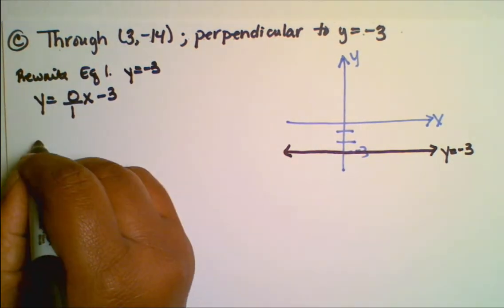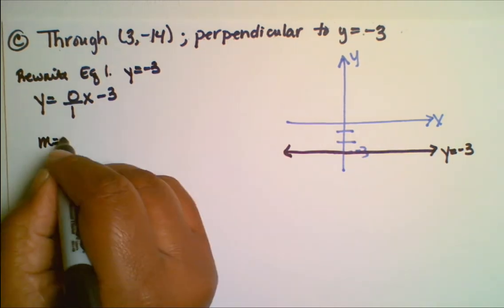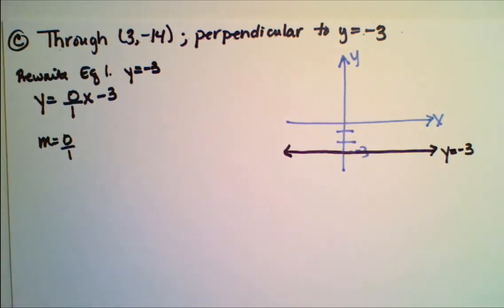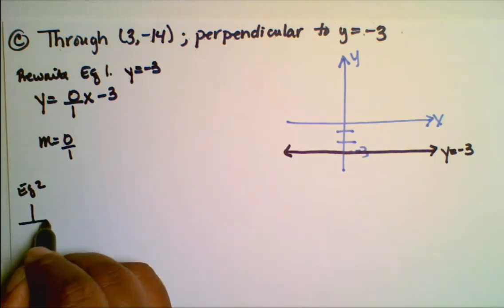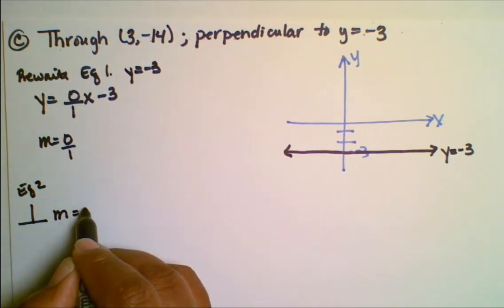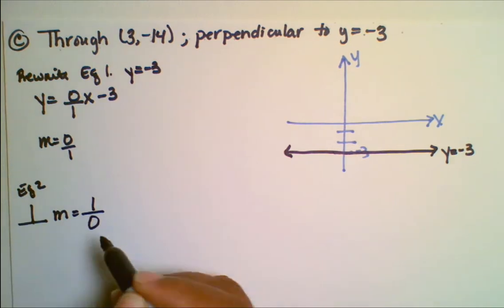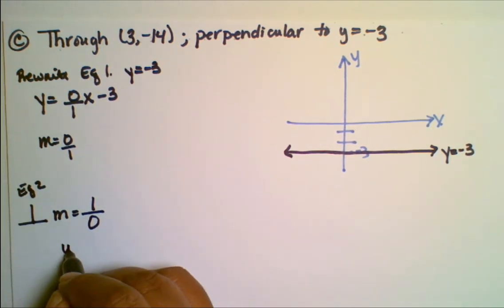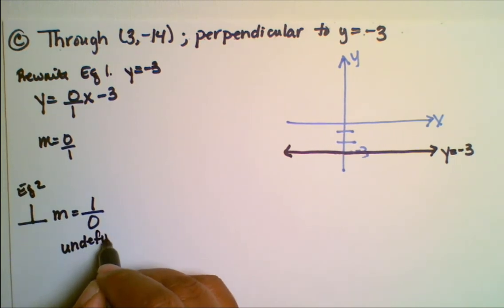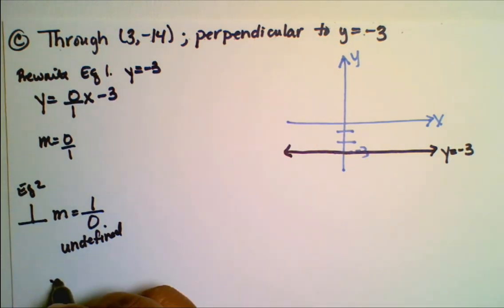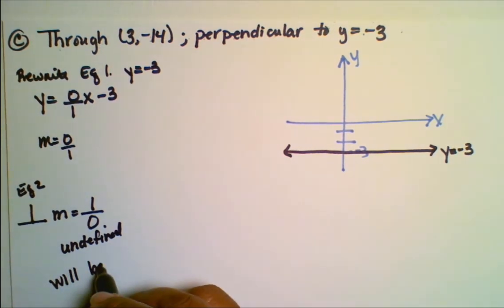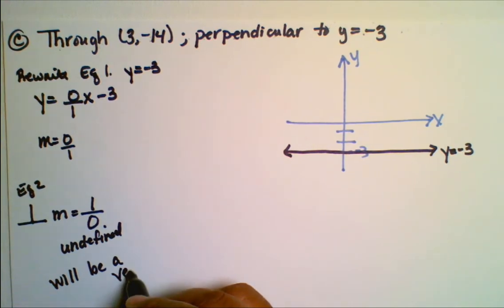Now, if the slope of this is 0 over 1, which is 0, then the perpendicular slope will be 1 over 0, and we know that we cannot divide by 0. It's undefined. So the line that we're going to draw will be a vertical line.